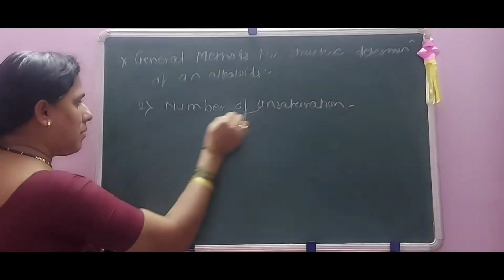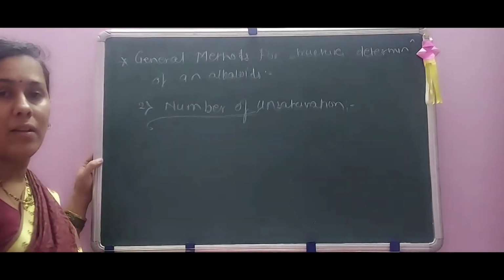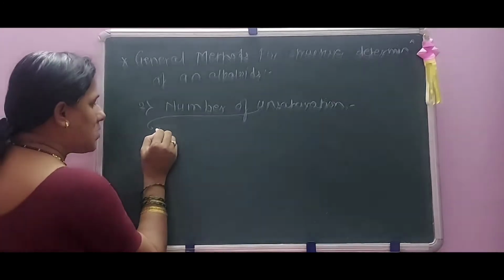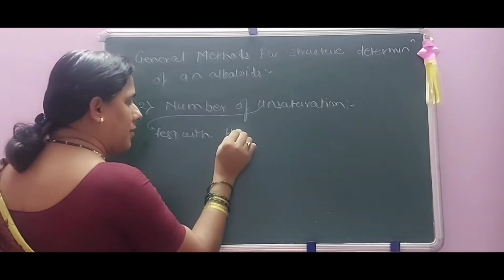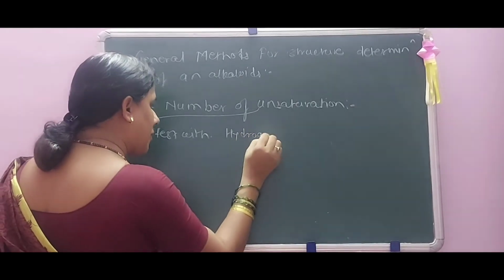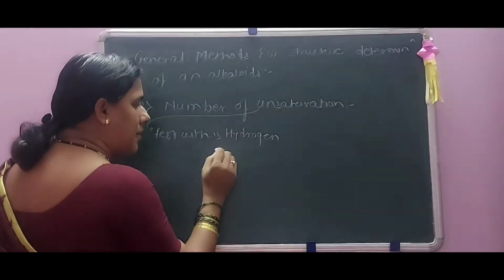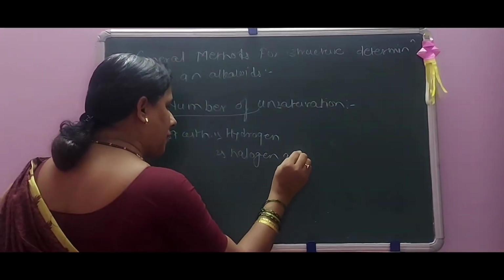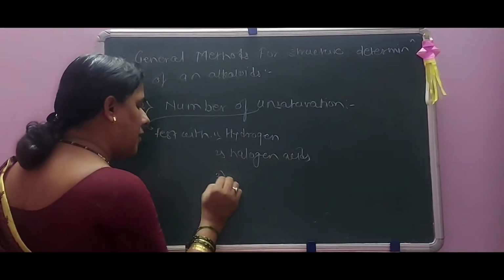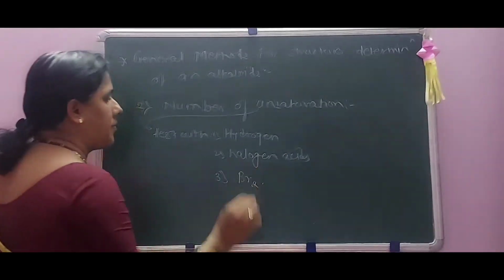This unsaturation may be calculated by using tests: first, the test with hydrogen; second, halogen acids; and third, bromine.